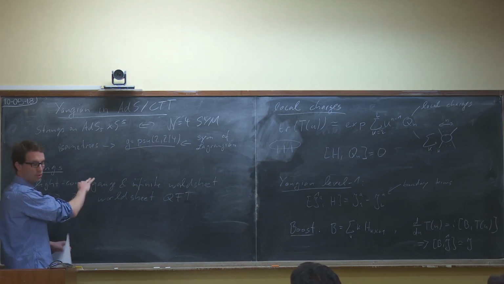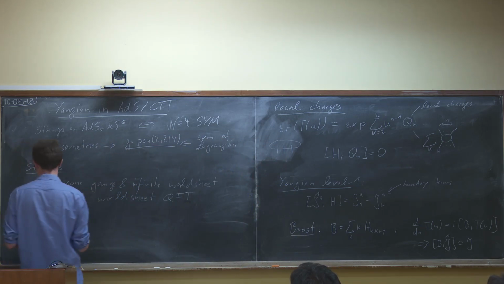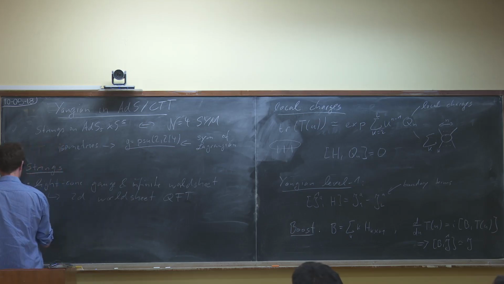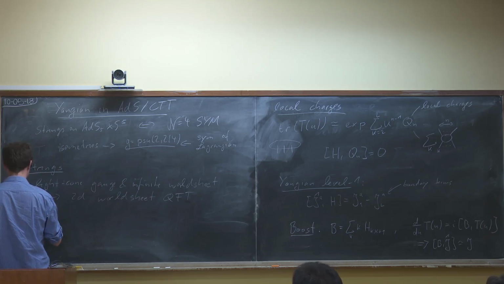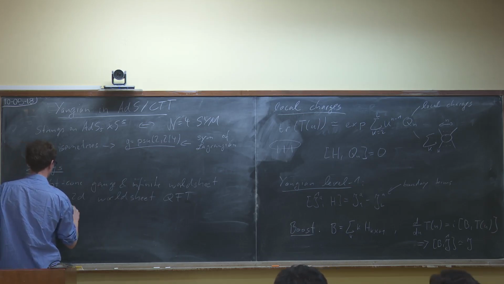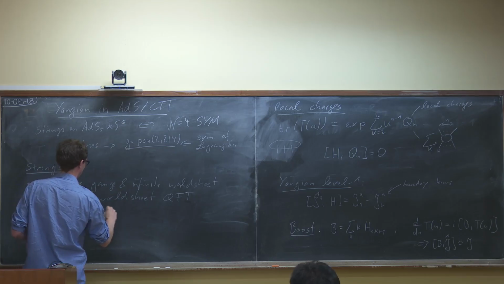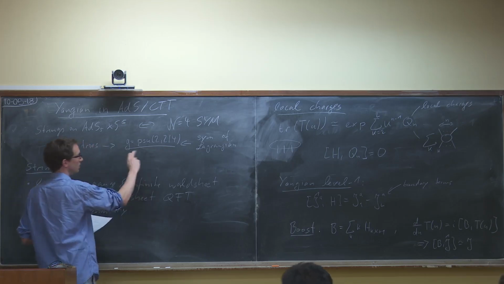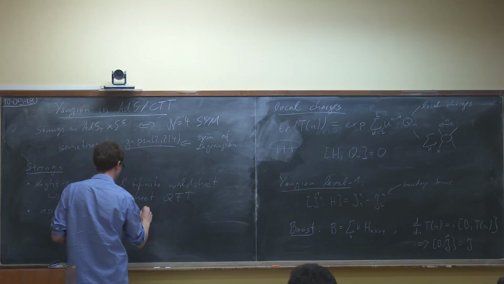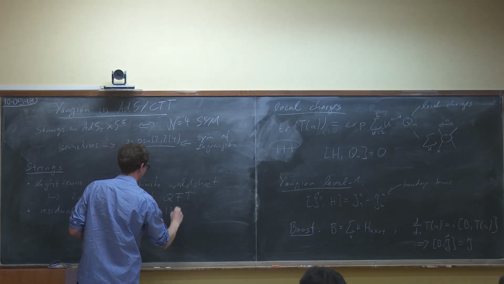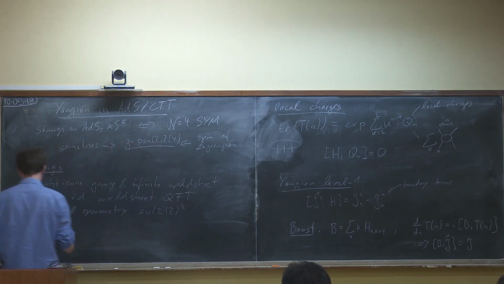Okay, here one gets on the worldsheet such a 2D curve T, and after this gauge fixing here, the residual symmetry, so residual means the leftover symmetry, is SU(2)/2 squared.